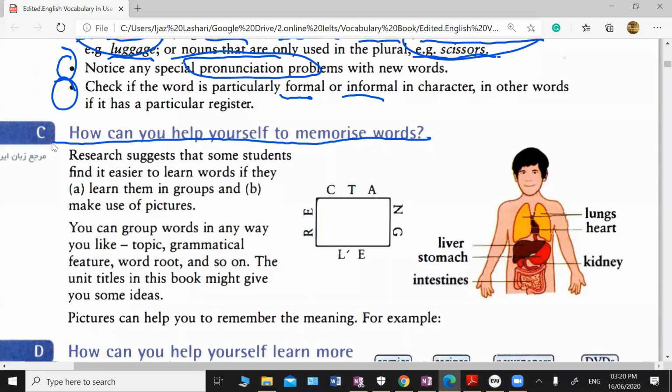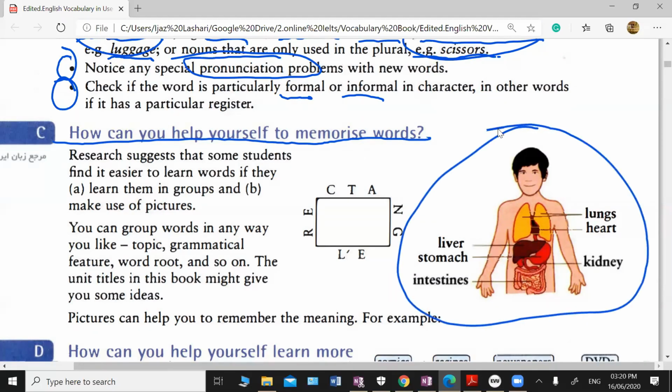For example, here you have the picture, and it has certain words with the picture, like liver, stomach, intestines, lungs, heart, kidney. Now, when you create an image in your mind, when you look at the lungs, you think, oh, these are two parts, they sit in our chest, and they have some kind of function, I think the respiratory system.